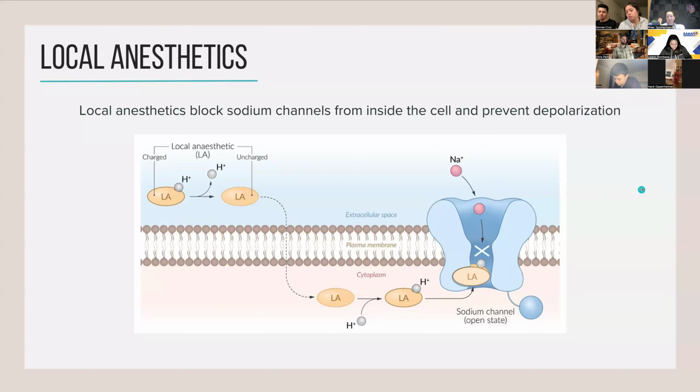Now we know that there aren't just sodium channels in the nerve cells, there are sodium channels in the cardiac cells as well, and other various parts of the body. And so we want to make sure that local anesthetics stay local if that's what we intend them to do, right? We don't want to inject very strong local anesthetics like bupivacaine and ropivacaine into the circulatory system, or else it stimulates other sodium channels and causes seizures and cardiac arrest.